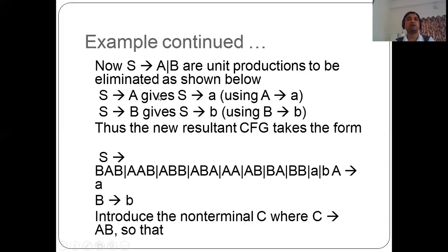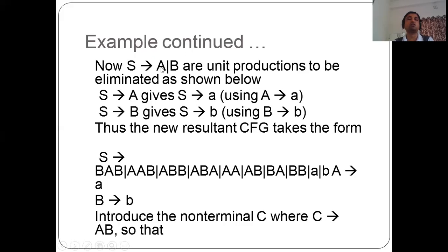Suppose we know that capital A leads toward small a, and capital B leads toward small b in the remaining grammar. Then we can say that S is pointing toward small a, and S is pointing toward small b, so we can replace by that.